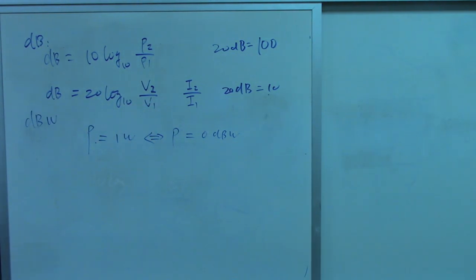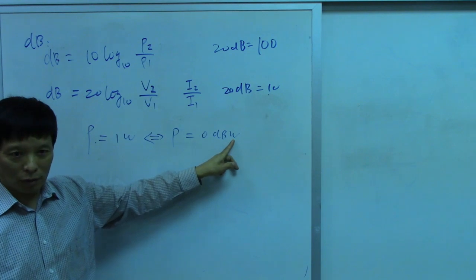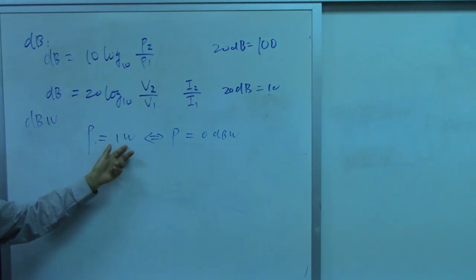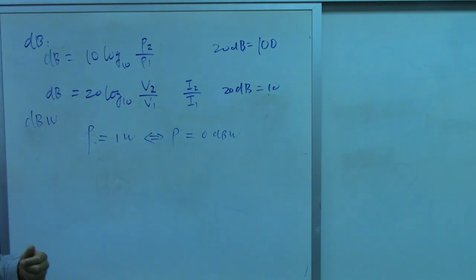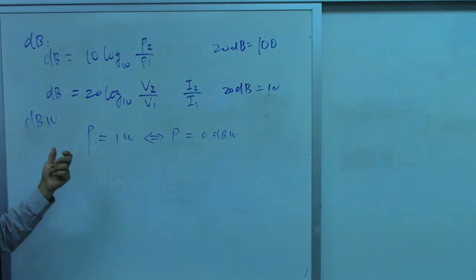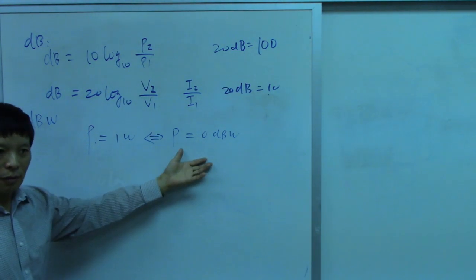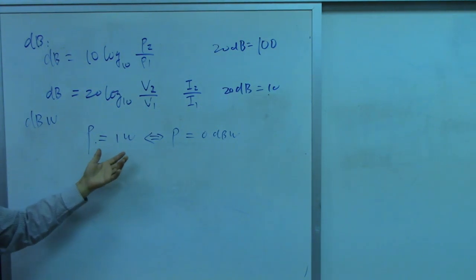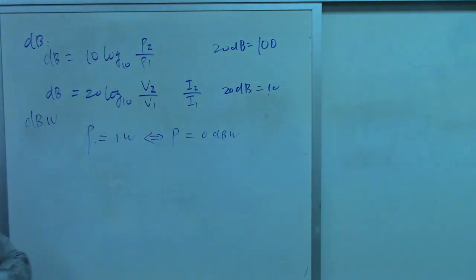So what does dB watt mean? dB watt means how many dB compared to 1 watt. So the base is 1 watt, then you compare your power with this one, then convert this ratio into dB. So 1 watt equals 0 dBW, because 1 watt divided by 1 watt equals 1, then log 1 equals 0, and 0 times 10 equals 0.